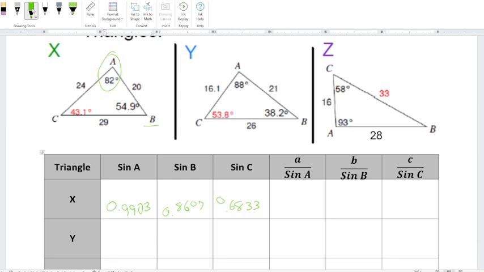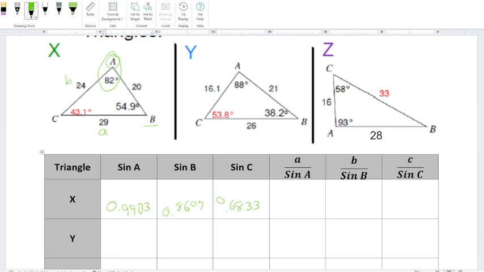Alright. And then it says, we're going to do, remember, read the ratios. Two numbers divided by each other. So the ratio of side A over the sine of angle A. So if you remember how triangles are labeled, if angle A is at the top, side A is opposite it.